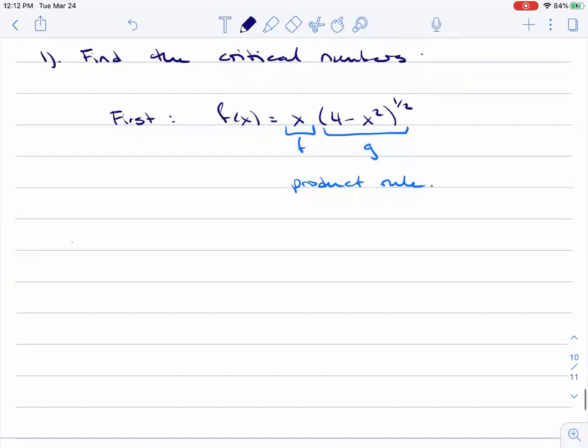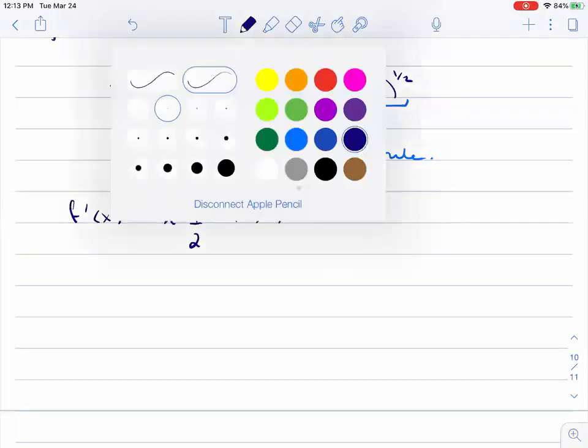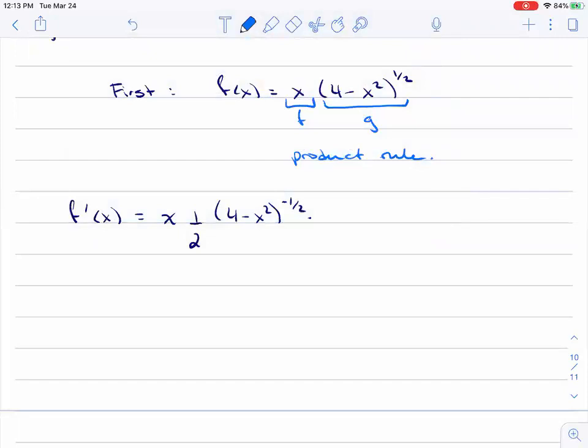If I use the product rule, the derivative is f, which is x in this case, times 1/2 times 4 minus x squared to the negative 1/2. There's a little chain rule in there. g has a chain rule, and all together on the outside there's a product rule.